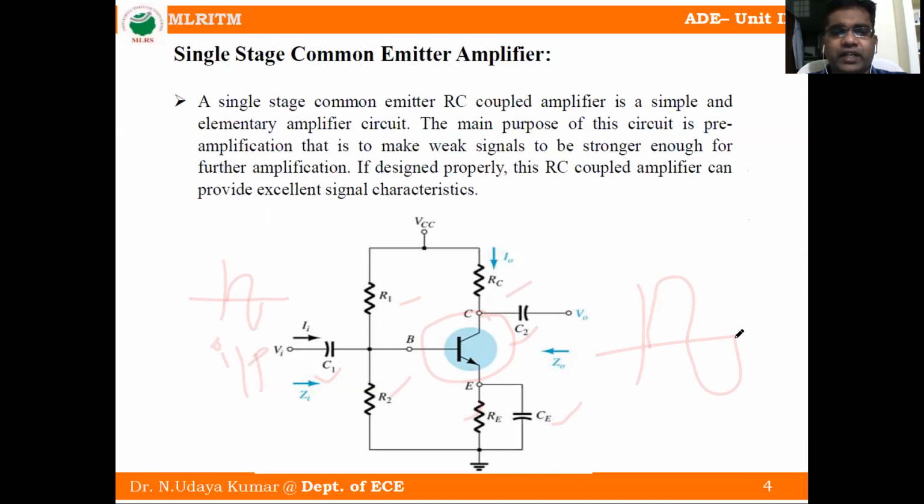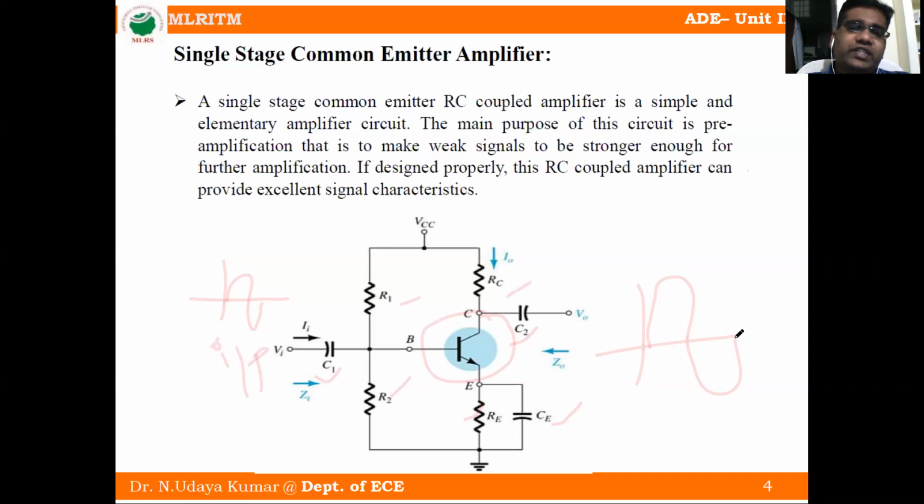Here you can observe R1 and R2 are resistances. The circuit consists of only three kinds of components: R, C and transistor. That's why it is an RC coupled amplifier.